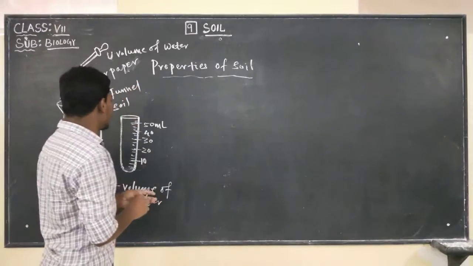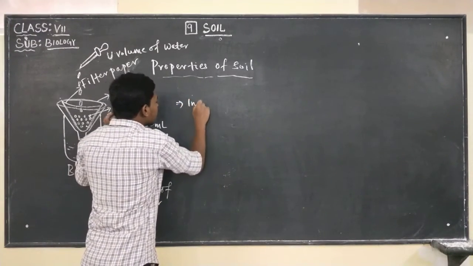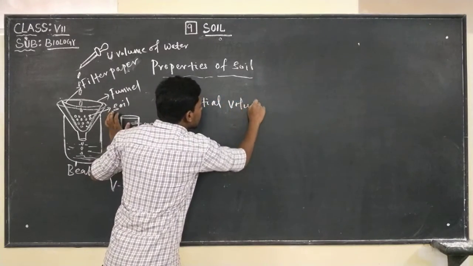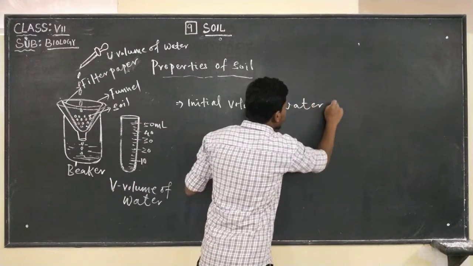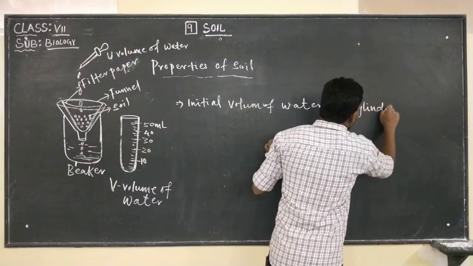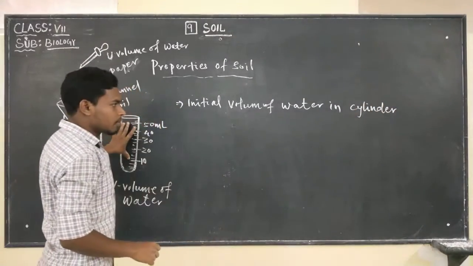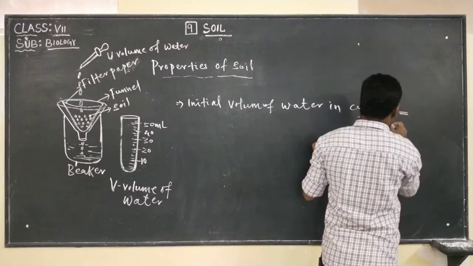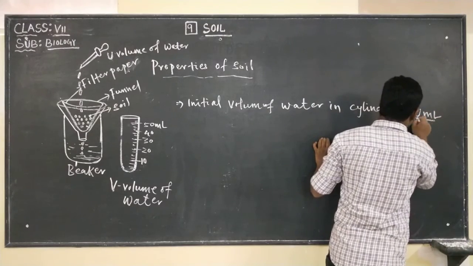First, the initial volume of water in the cylinder. Let me take the initial volume of water in the cylinder as U ml.